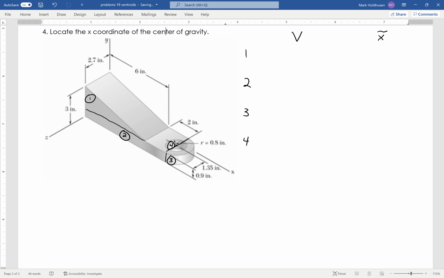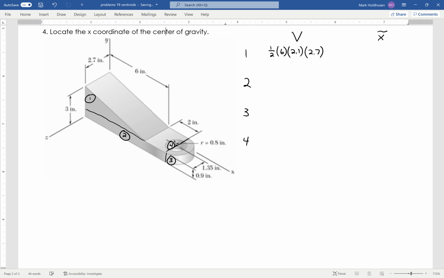So we'll start with the triangle. That's going to be 1/2 times base times height, which will be 6 times, not 3 inches, it'll be 3 minus the 1.9, so that's where I get the 2.1, times the width of that thing, which will be 2.7.